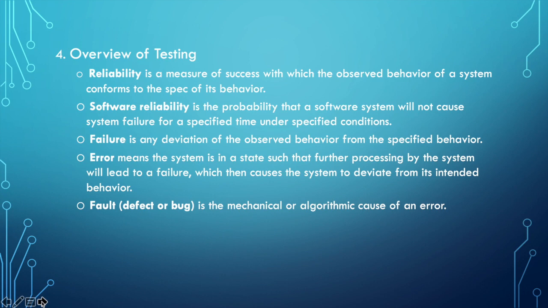Because if the software is not reliable, then you cannot expect that it performs properly at all times. And there is a measure called software reliability. This is the probability that the software will not cause system failure for a specified time under specified conditions.